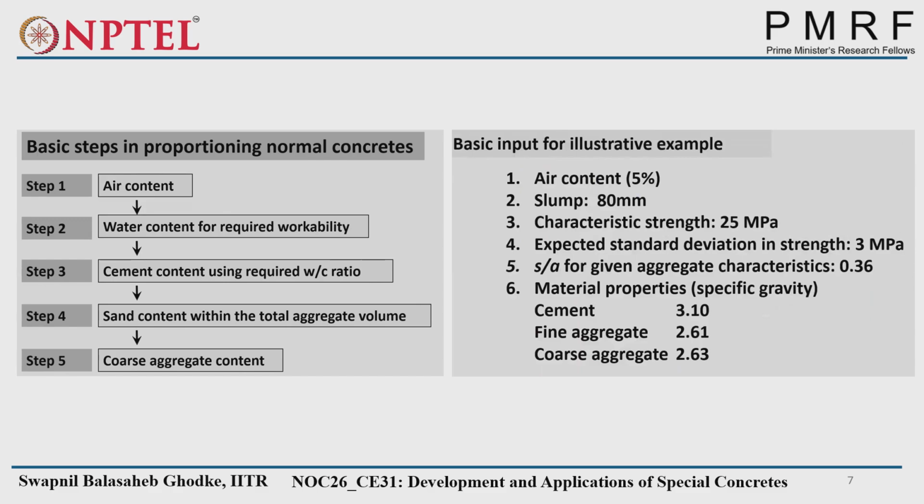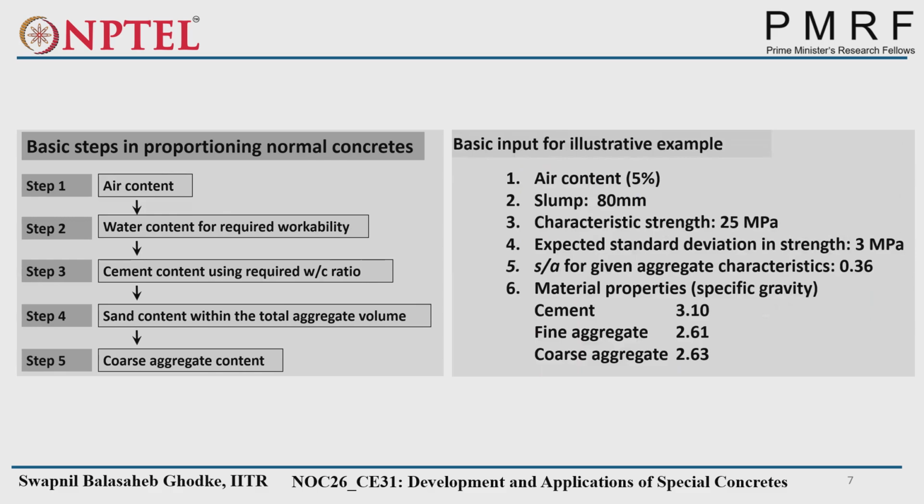Can anyone please tell me, do we have to design for 25 MPa or do we have to make some calculations? Yes, target strength. So how can anyone calculate how much it will come, because the deviation is also given? Yeah, how much? I think it will come almost 29.95, right?